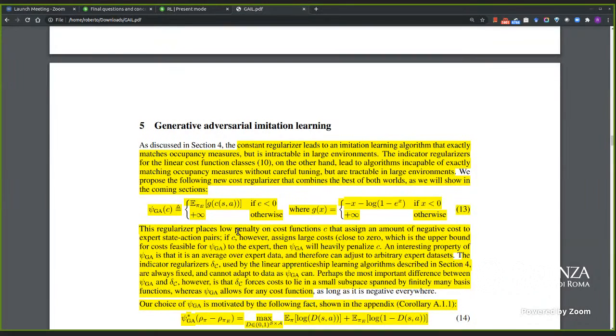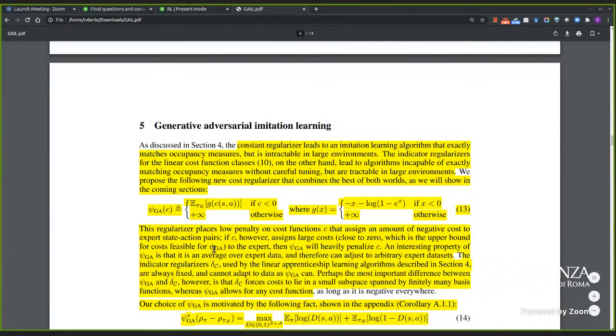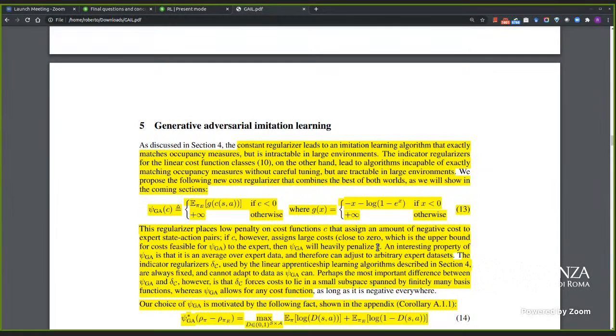The regularizer places low penalty on cost function C that assign an amount of negative cost to expert state action pairs. If C, however, assigns large cost close to 0, which is the upper bound for cost feasible for this regularizer to the expert, then this will heavily penalize C.